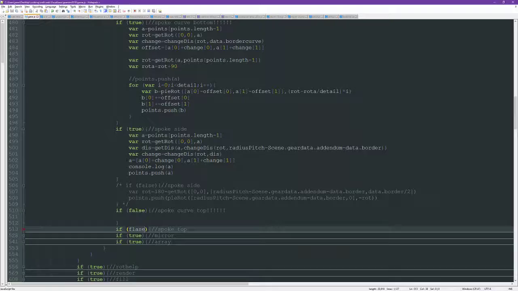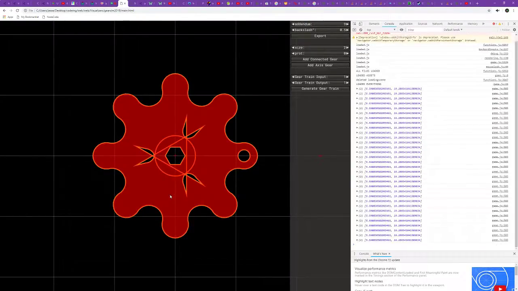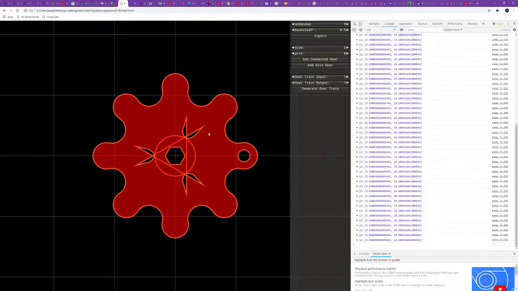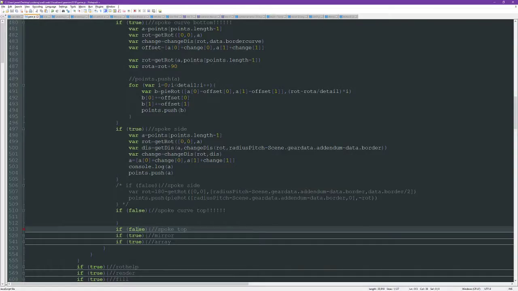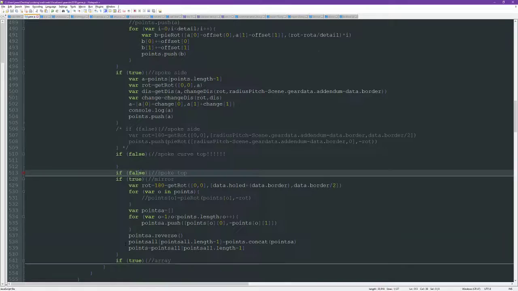Let's just do the mirror thing. Oh, interesting. Why does the mirror bug out? I mean, we already have it in the right position. Why would we need to be rotating? Oh yeah.